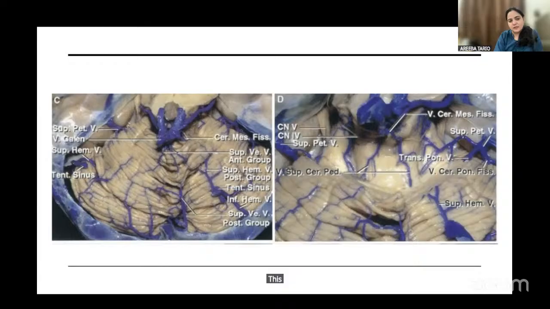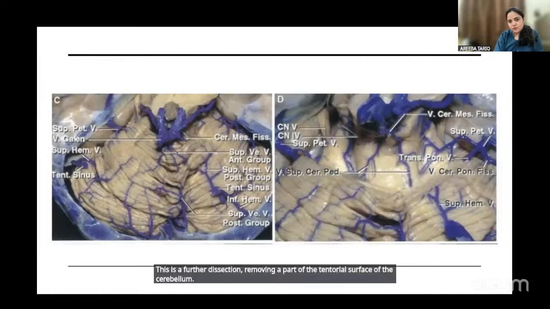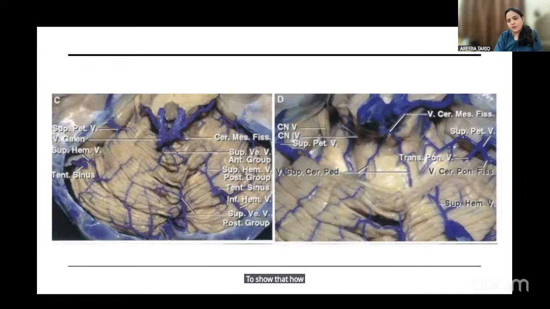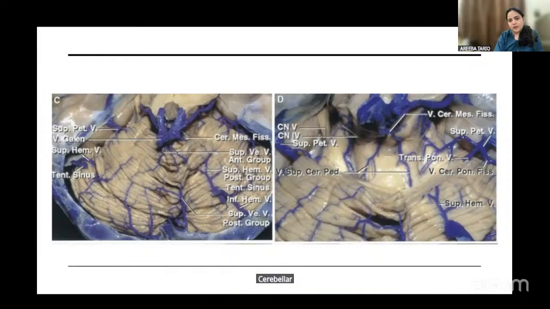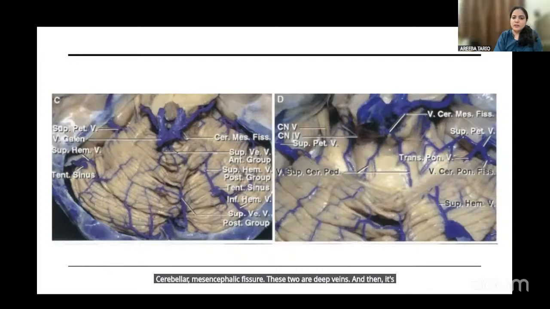This is a further dissection removing a part of the tentorial surface of the cerebellum to show how the veins of the superior cerebellar peduncle on both sides join together to form and drain into the vein of the cerebellomesencephalic fissure. These two are deep veins, and then they are going to join and drain into the superior petrosal vein.